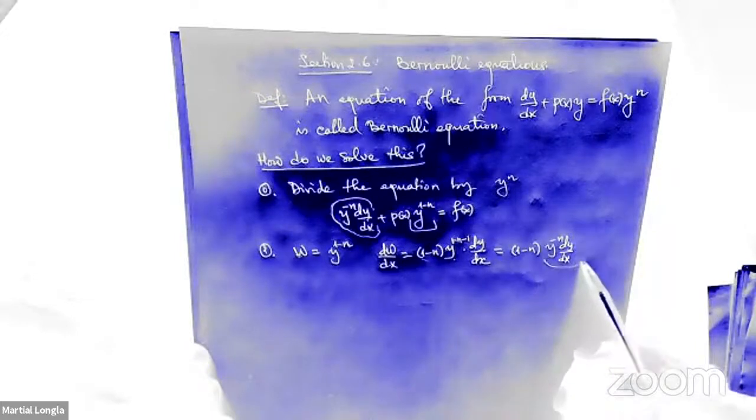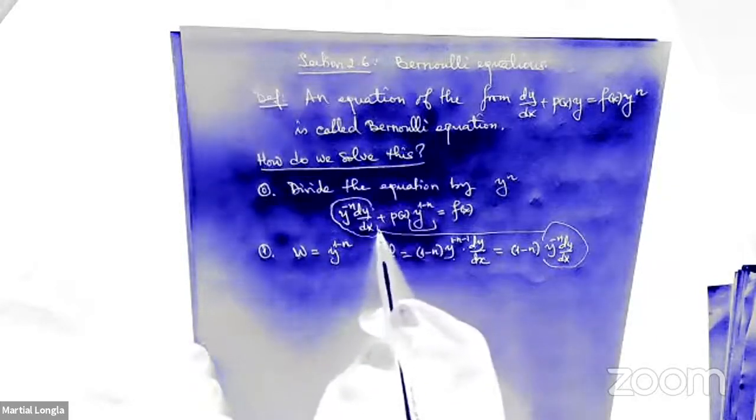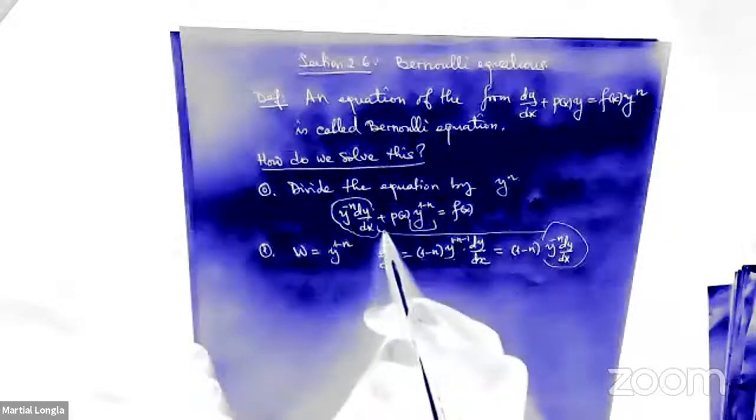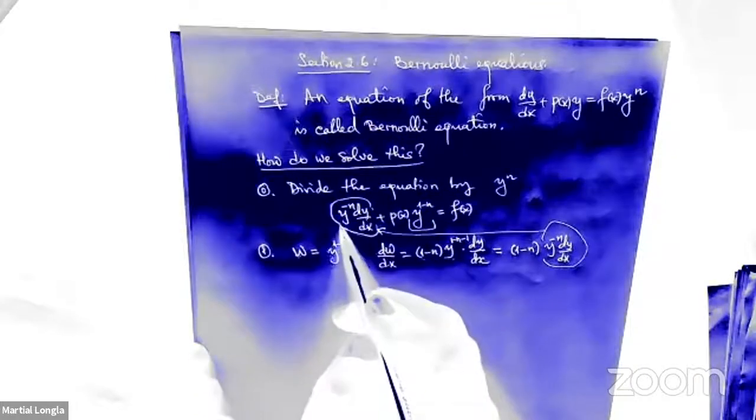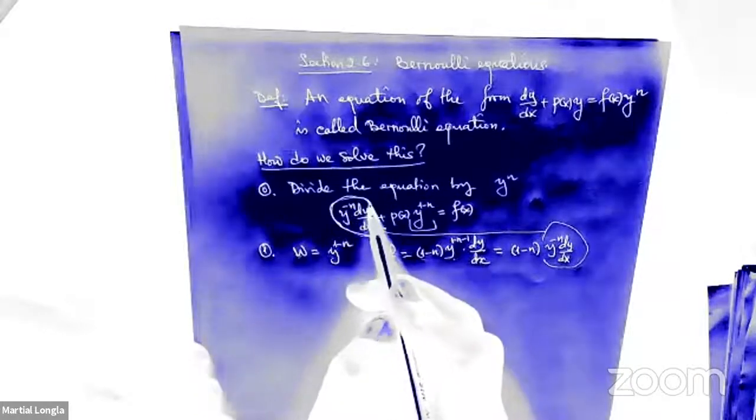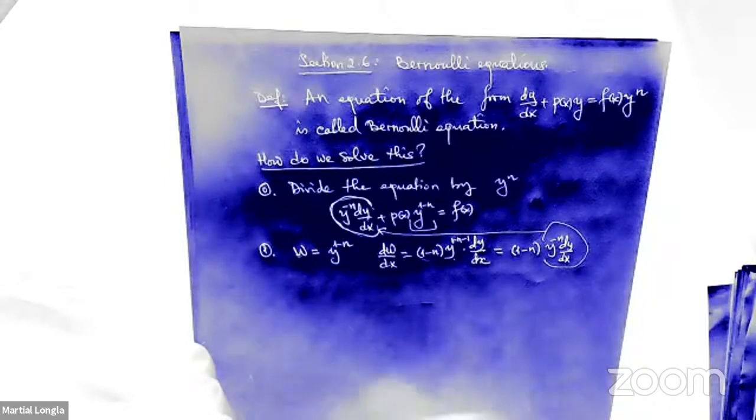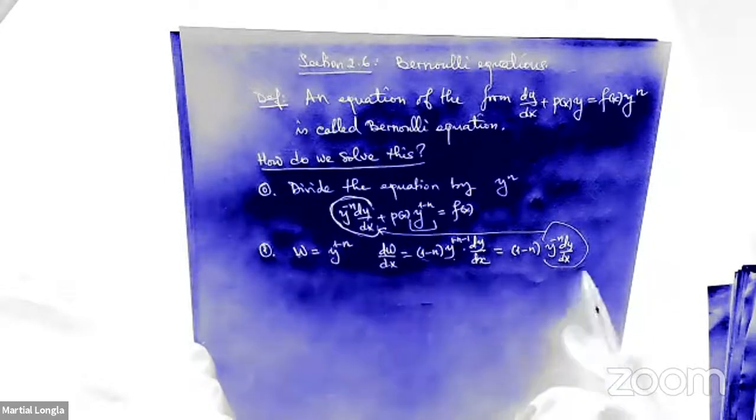And look at this beauty at the end here. Check this thing I'm circling here. What is it? You see that? What I just circled here is exactly what you have here in the equation, and we are just going to replace that thing in the equation.